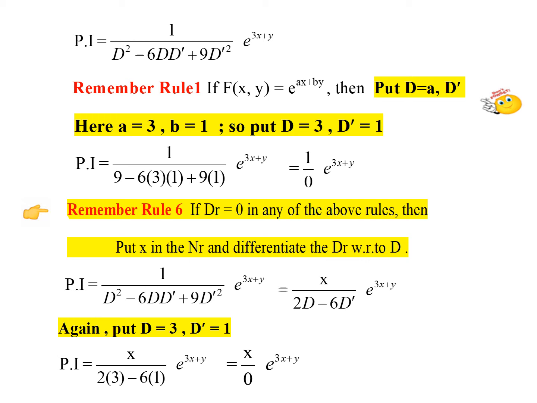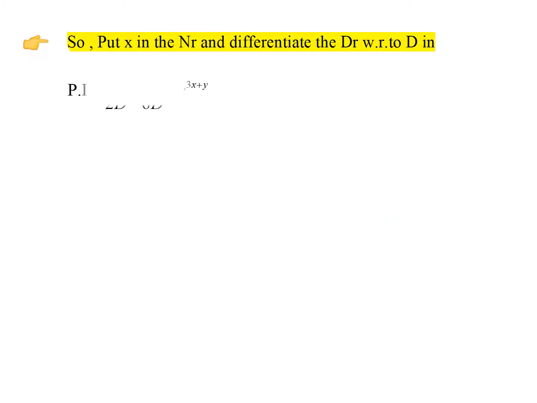So whenever the denominator becomes 0, we have to repeat that rule 6. Put x in the numerator and differentiate the denominator with respect to D. See, already one x was there. So now when you put an x again, it becomes x squared. And when you differentiate the denominator, 2D, you get 2, into e power (3x plus y).